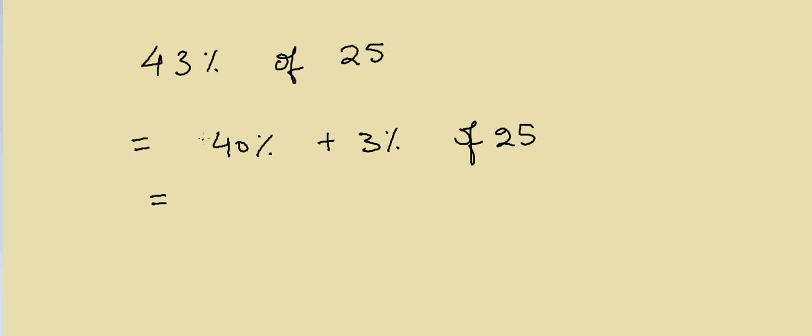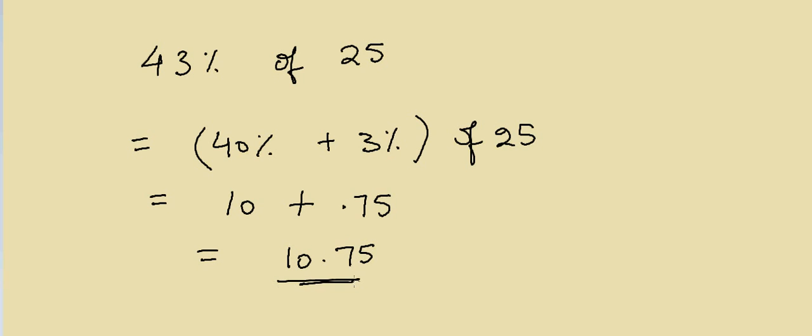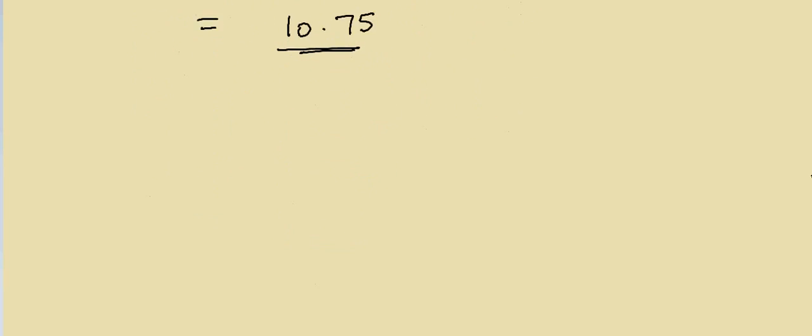So 40% of 25, so 4 times 25, that is 10, and 3%, so 3 times 25, 0.75. So the answer is 10.75. So it's how you work or imagine these numbers in your brain. If you practice, you should be able to quickly do that.